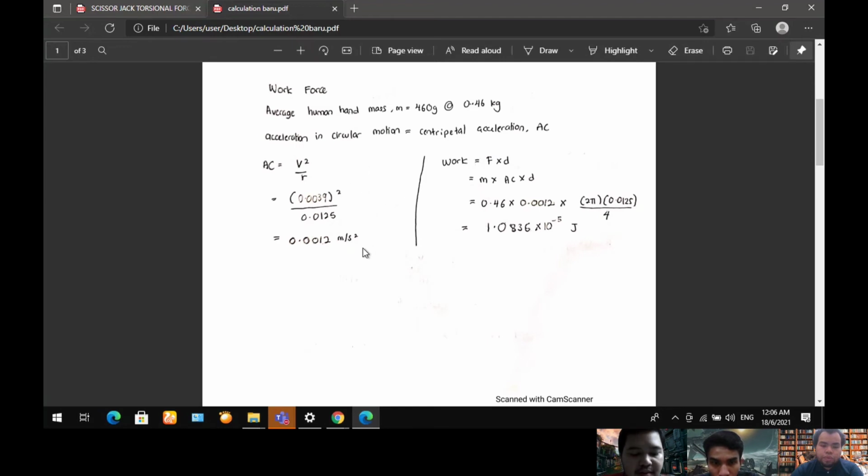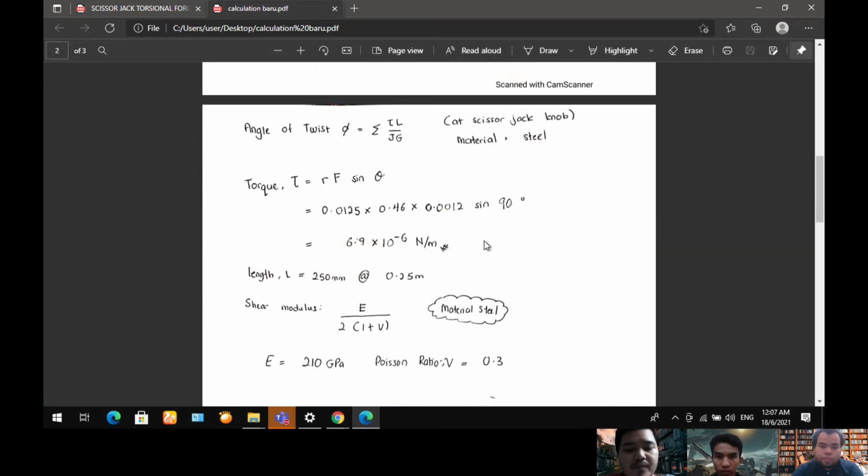The formula for Ac is V squared divided by R. From the V we got previously, 0.0039 squared divided by 0.0125, we get 0.012 meter per second squared. Then we put it into the formula of work, force times D, and the answer is 1.084 times 10 to the power of negative pi joule.